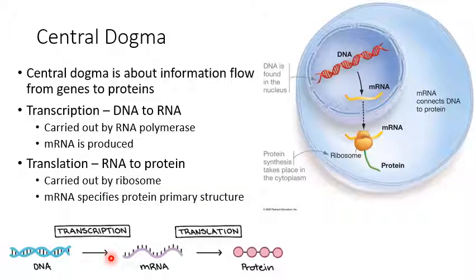RNA polymerase is the enzyme that actually makes mRNA based on DNA. Then translation relies on the ribosome, which is, as you know, the protein complex that actually makes the protein based on the mRNA. And of course, the ribosome has rRNA within it and also uses tRNA.